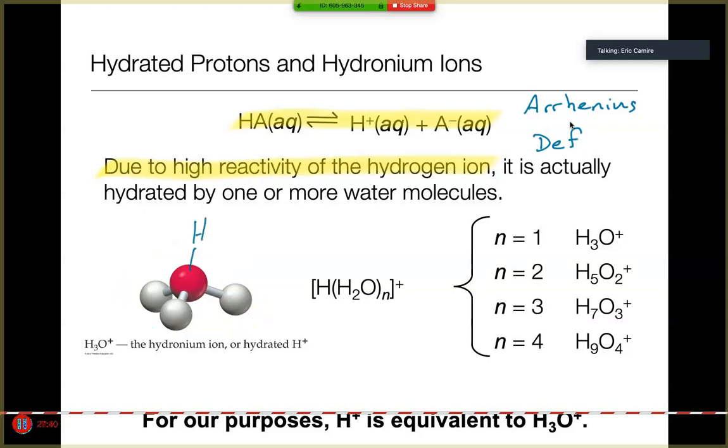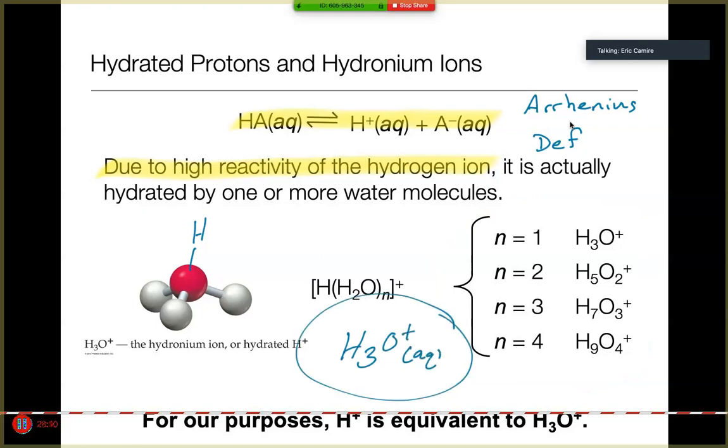So it looks something like that. In real life, large structures are actually created out of a lot of these hydronium molecules that get near each other. It's been shown experimentally and computationally that they do form these structures. But for our intents and purposes, we are just going to only use H3O+.